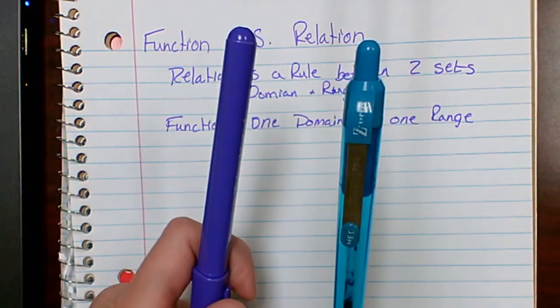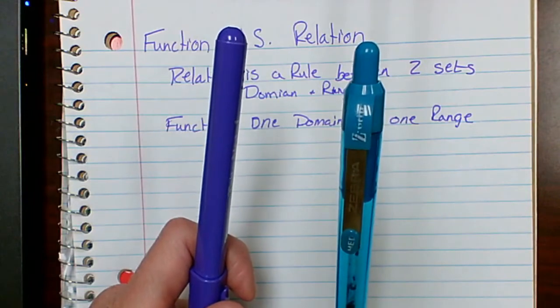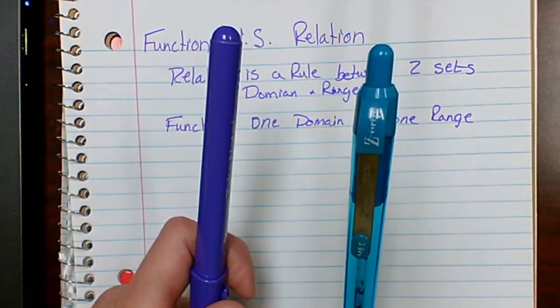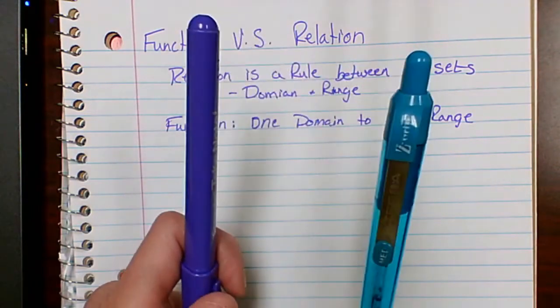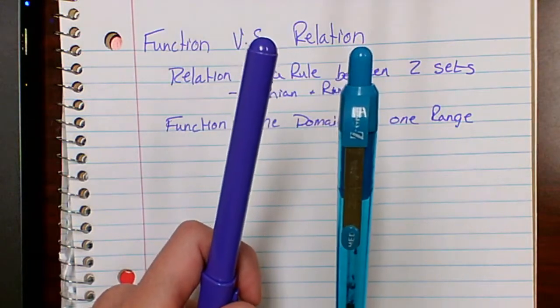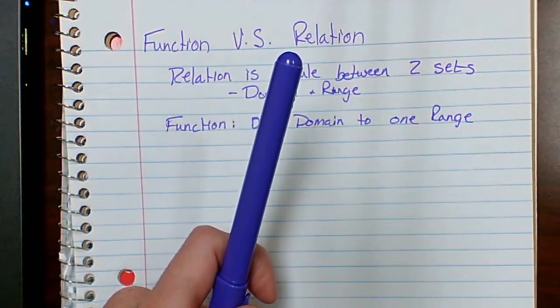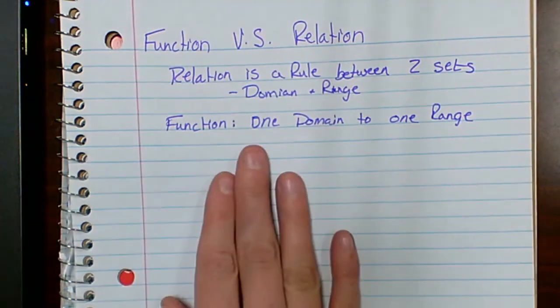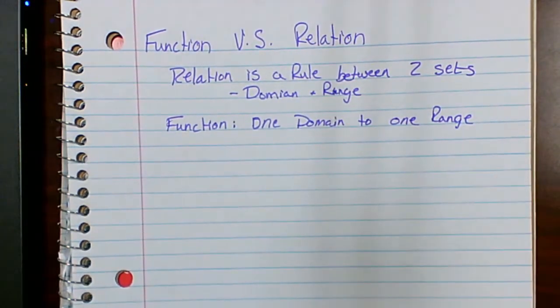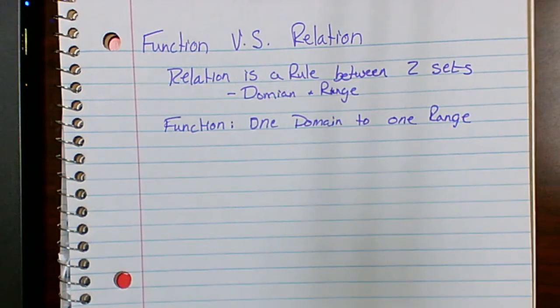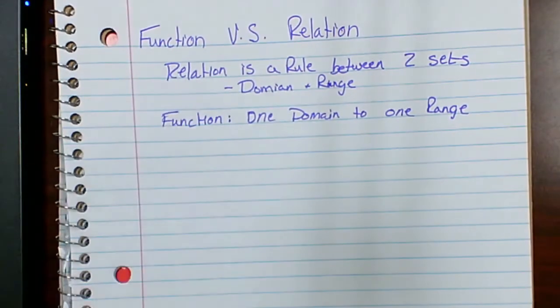Think of these pins as your domain and your range as the price tag. So multiple items can have the same price tag. One item can't have two price tags, and that's what we mean by going from one domain to one range. One item, one price. It's not one item, two prices. That would actually be a relation.